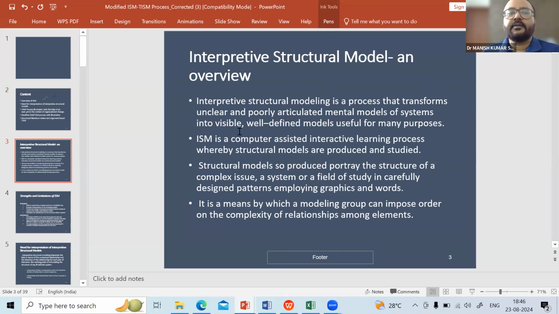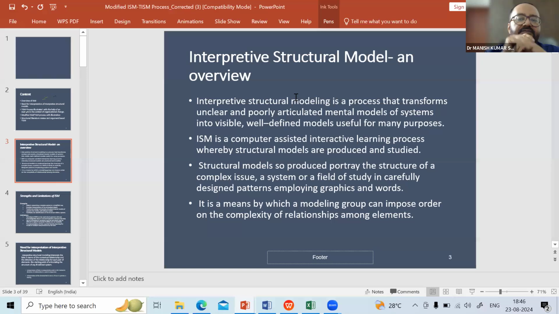Now, what is Interpretive Structural Modeling? Just for your information, it is a process that transforms unclear and poorly articulated mental models of systems into visible, well-defined models useful for many purposes.